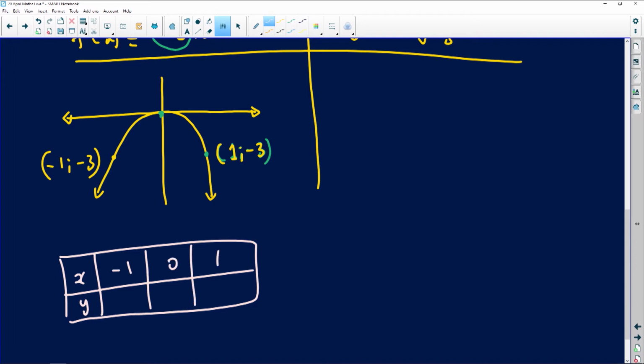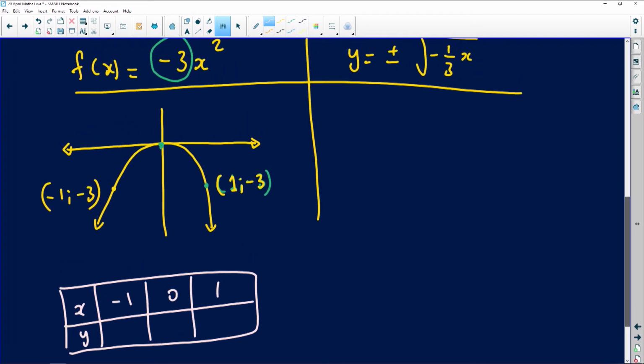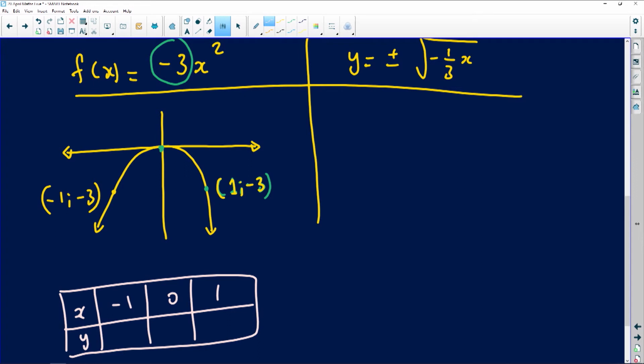I want minus 1, 0 and 1. So if you take that minus 1, you substitute in the graph of f, it is going to give you a corresponding y value of -3. If you take 0, you substitute in the graph of f, it will give you a value of 0. If you take 1, you substitute for x, it's going to give you a y value of -3 again. So this is actually how the table of the graph of f is going to look.